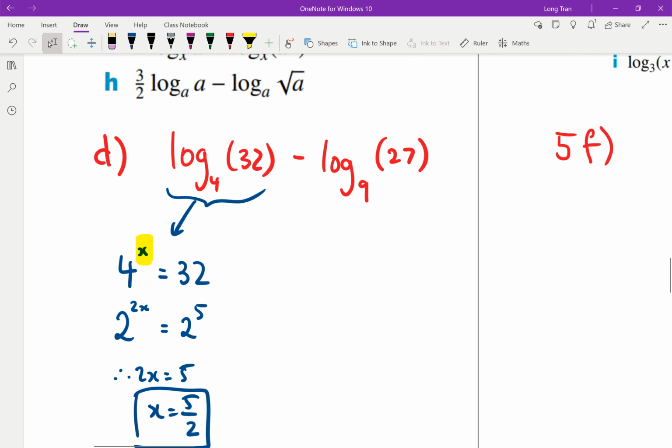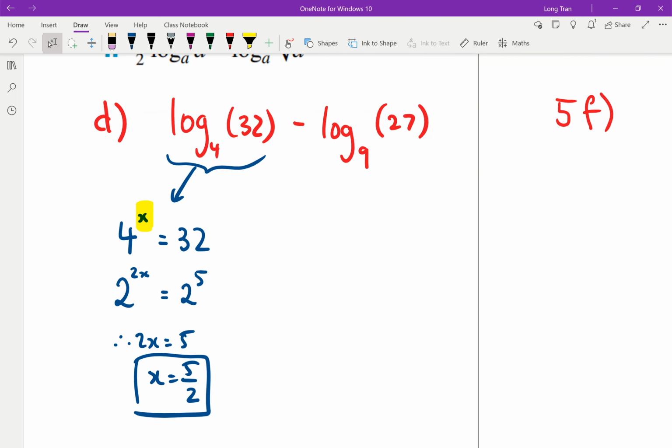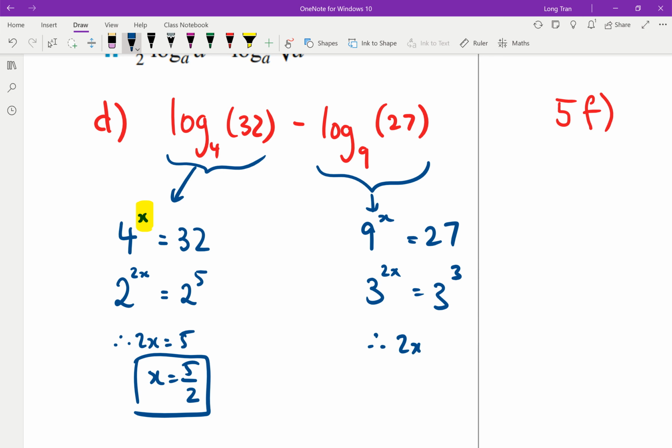Now, if we do the same for log base 9 of 27, this is the same thing again. 9 to the power of what is equal to 27, and you follow the same idea. This becomes 3 to the power of 2x equals 3 cubed, and therefore 2x is equal to 3 and x equals 3 on 2.